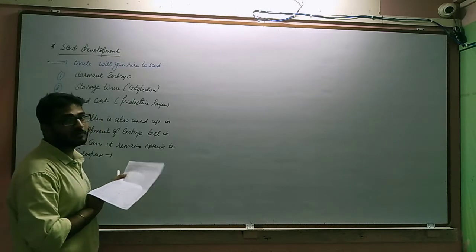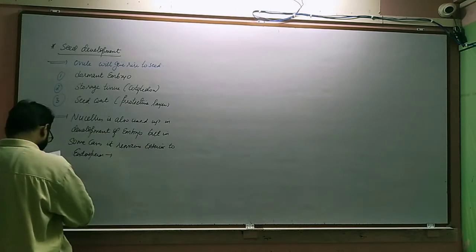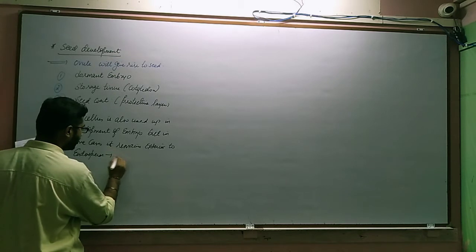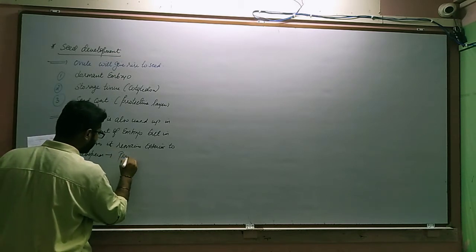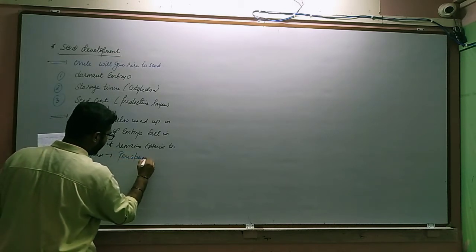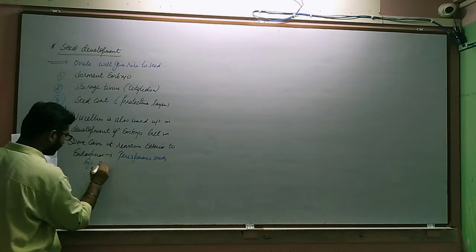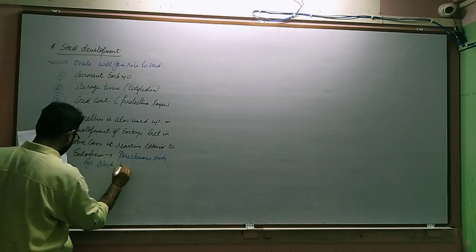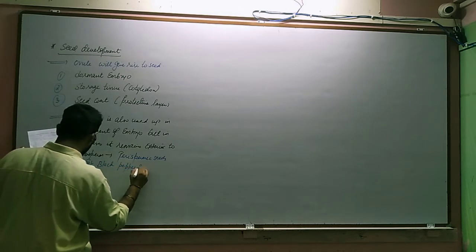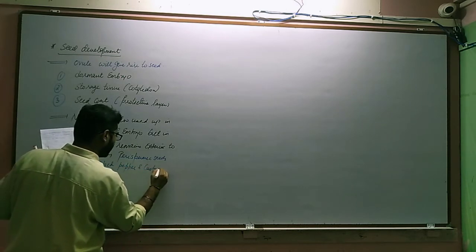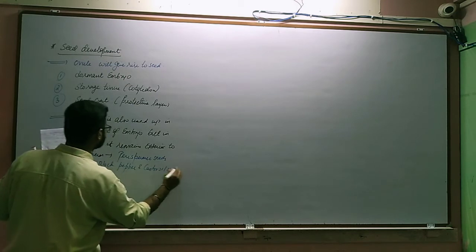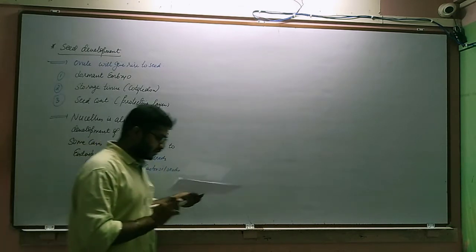We have seen the example of black pepper. Castor oil seeds are also perispermic seeds. The examples include black pepper and castor, which have some amount of nucellus.